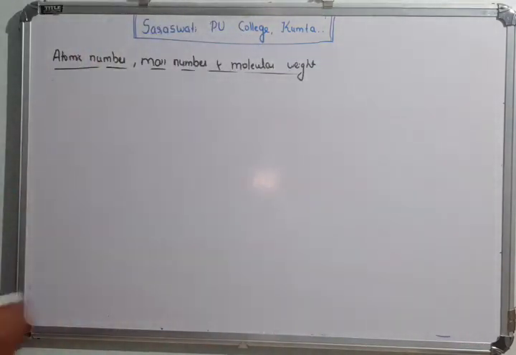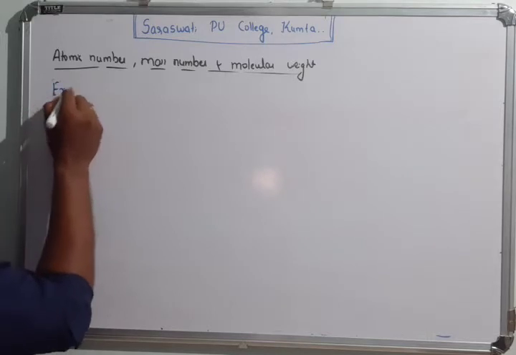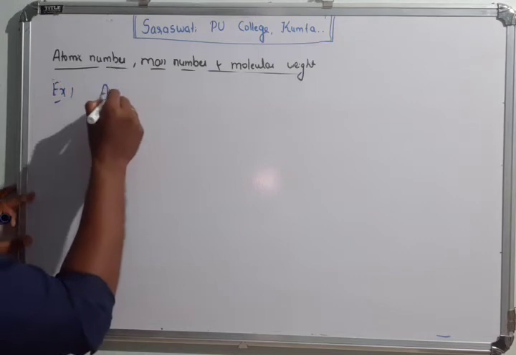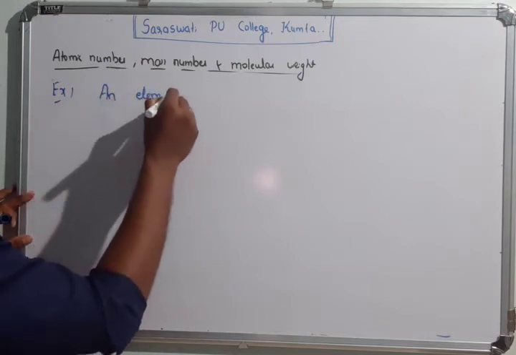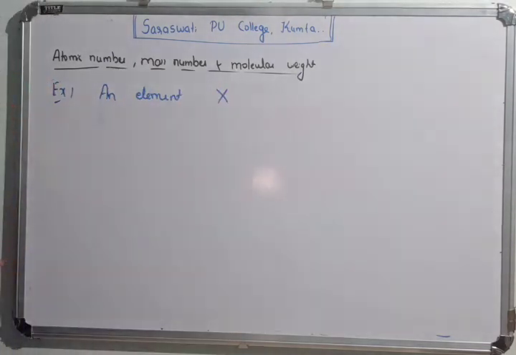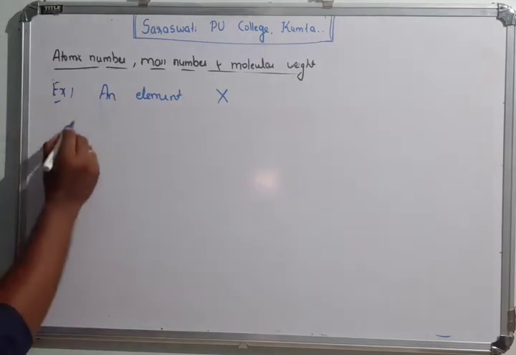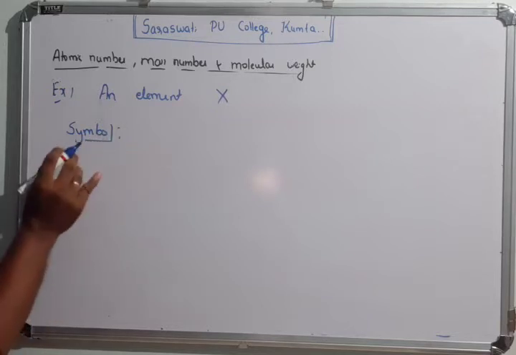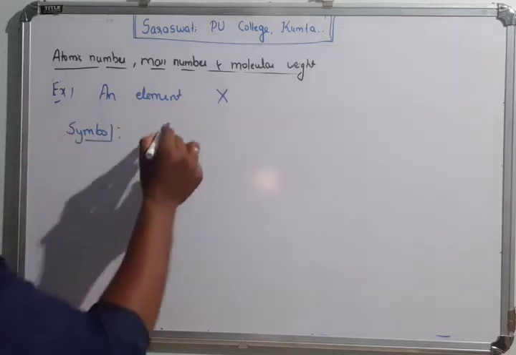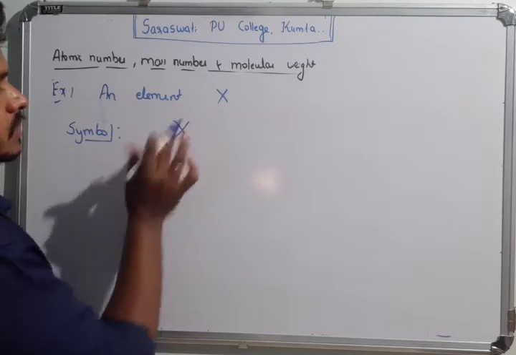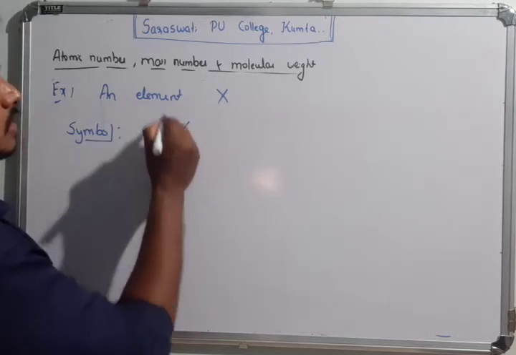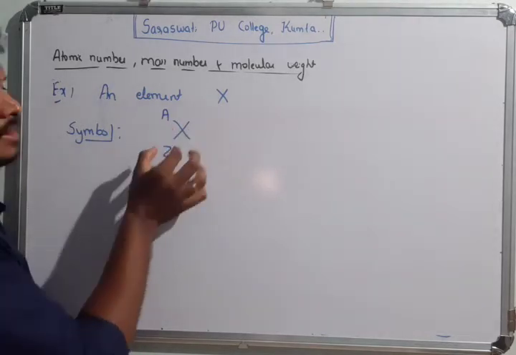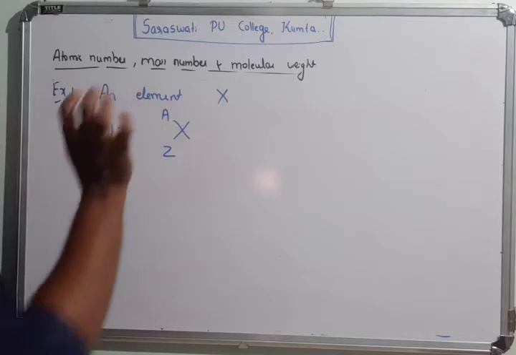If I write an element X, the symbol used for that element along with atomic number and mass number will be X with Z and A. Got it? So this is the element, this is the atomic number, and this is the mass number.